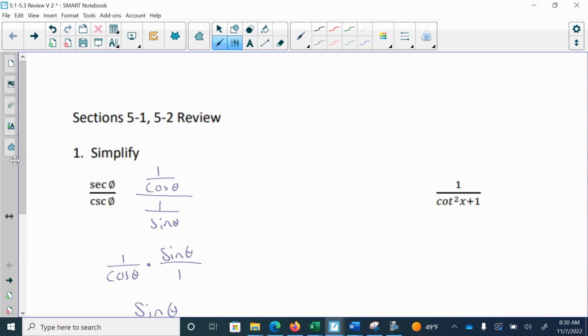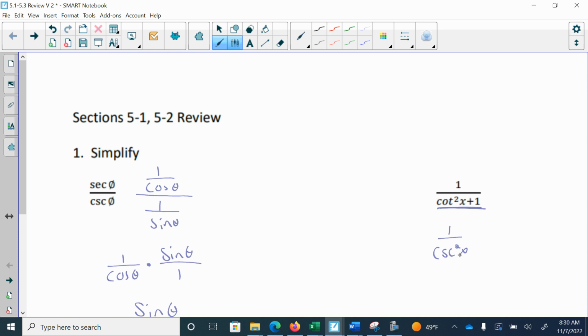Now the next one, I have something that is squared. I have cotangent squared x plus 1. If you recognize your Pythagorean identities, and I really hope you do at this point, you will realize that this is an identity for cosecant. So I'm going to make this cosecant squared x.